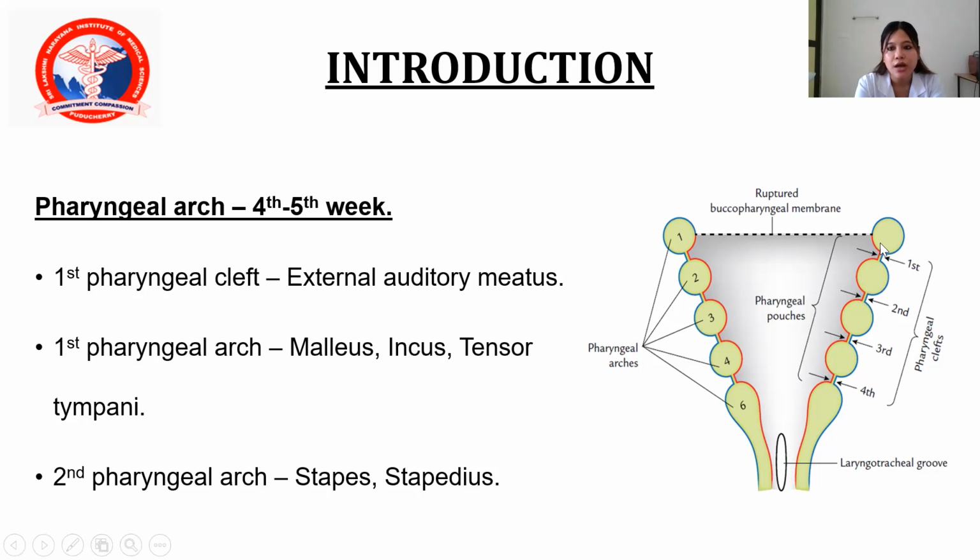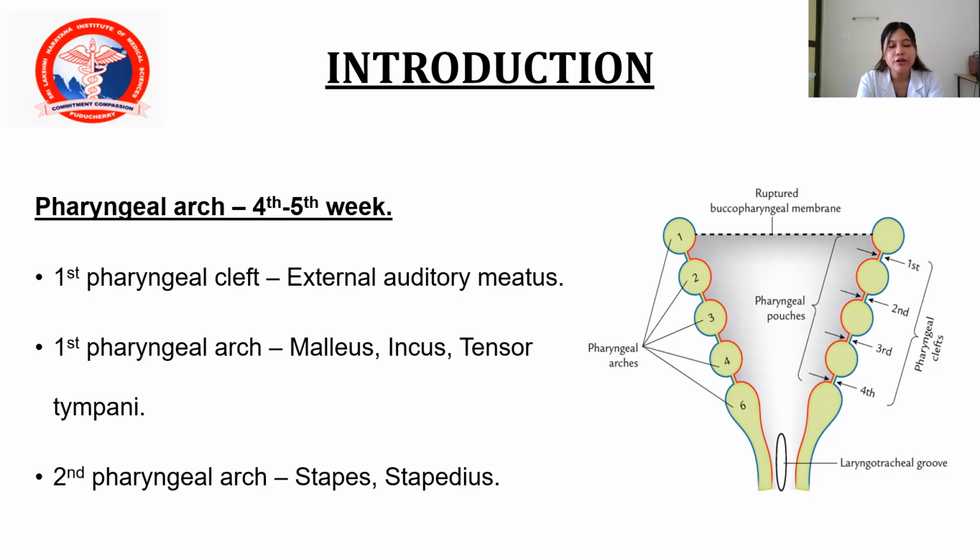The first pharyngeal arch develops into the malleus, incus, and tensor tympani, the associated muscle along with these ear ossicles. And the second pharyngeal arch develops into the stapes, that is another ear ossicle, and the muscle associated with stapes, that is stapedius.